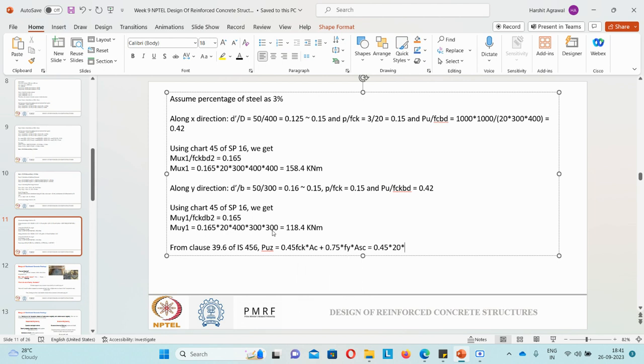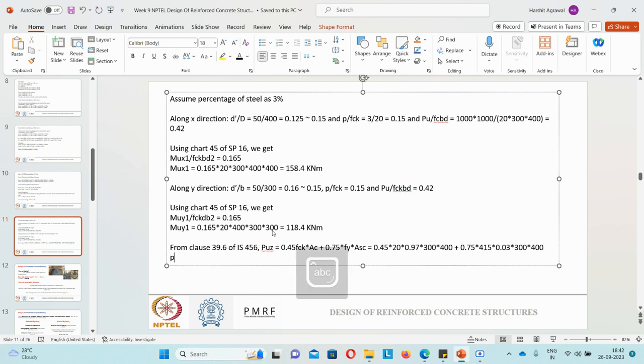So Ac will be 0.97 times Ag. So 0.97 times 300 times 400 plus 0.75 times 415 times 0.03 times 300 cross 400. We provided 3% steel, so I am multiplying 3% there and 97% here.